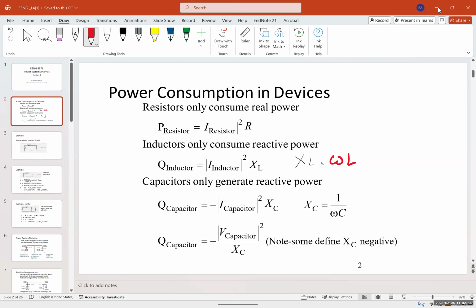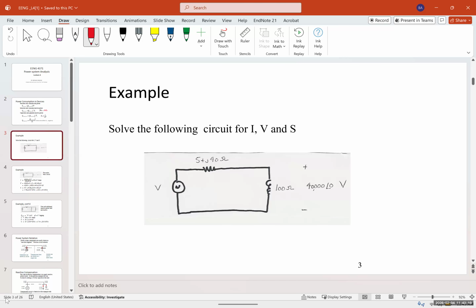So the imaginary part is going to be J omega L. Now, for Q of the capacitor, another equation that we can use is going to be negative V capacitor square over XC. And as we can see, we have defined XC as negative because, again, it's generating reactive power. We would assume it's generating reactive power.